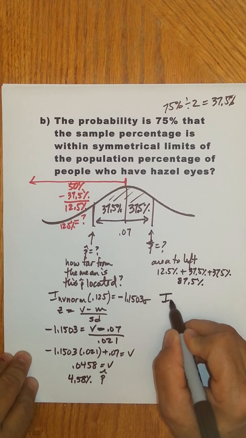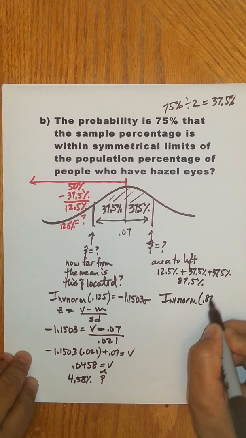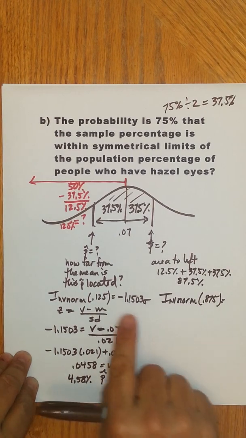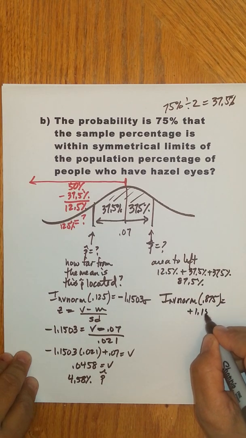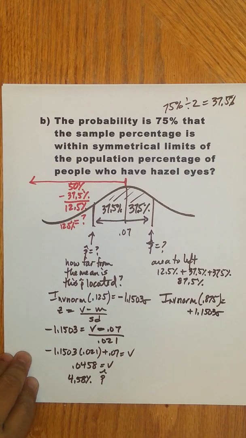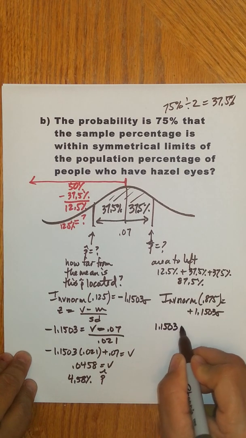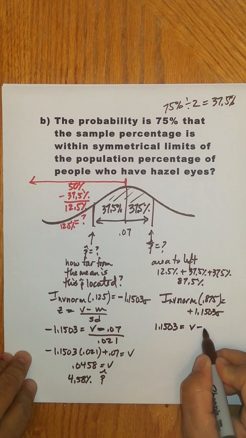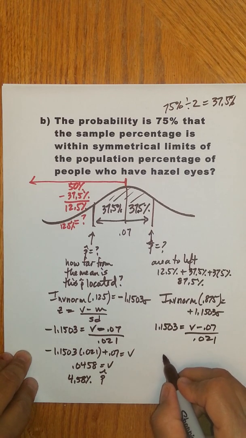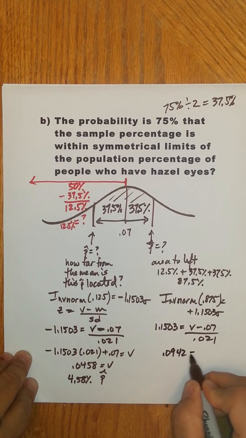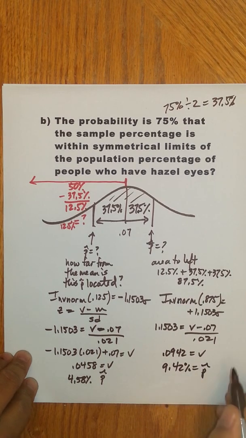So now if I do Invnorm of 87.5%, guess what I'm going to get? Same thing I got here, but positive. I'm going to have positive 1.1503 standard deviations. And so, of course, if I set this up, 1.1503 is how far my value is from 0.07 divided by 0.021. And when you do all those calculations, you're going to get 0.0942. So 9.42% is my sample percent.